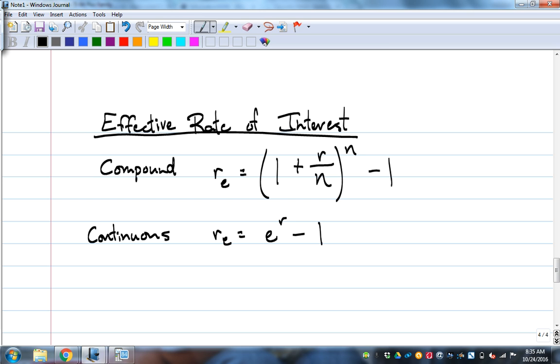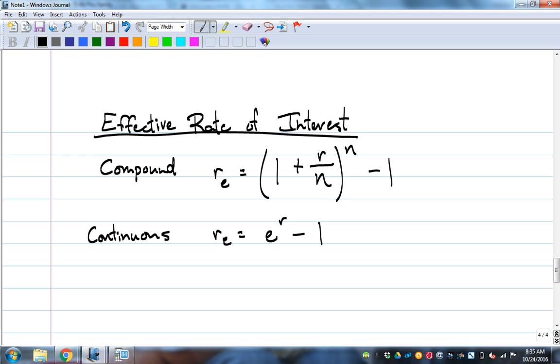The higher one is better. Okay? If you're comparing the effective rates of interest, these little formulas are going to be handy. Usually if you're comparing effective rate of interest, all you're doing is doing these formulas and picking which one has the highest interest rate. That would be better for you as an investor. Okay. Effective rate of interest.